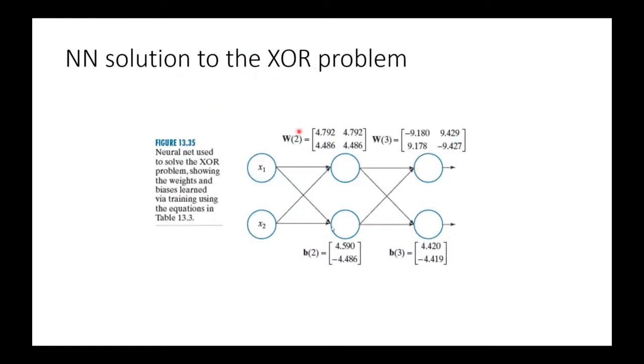You can't solve it with a single perceptron, a single neuron, but we can solve it with one hidden layer. And you have to have these connections.